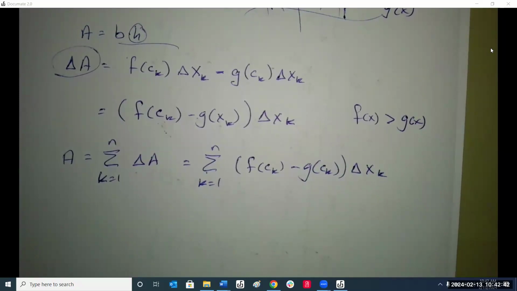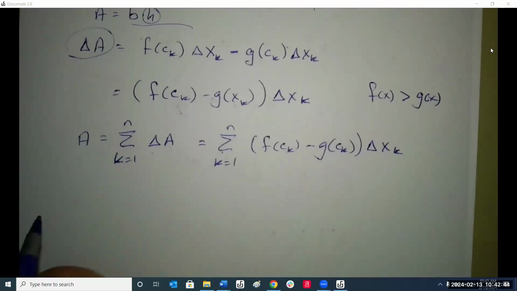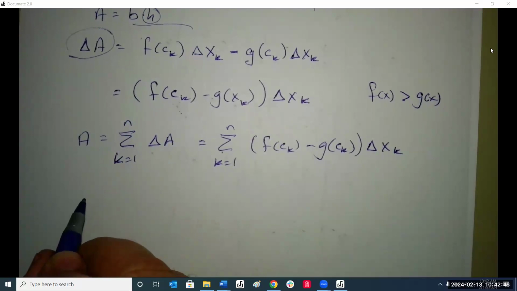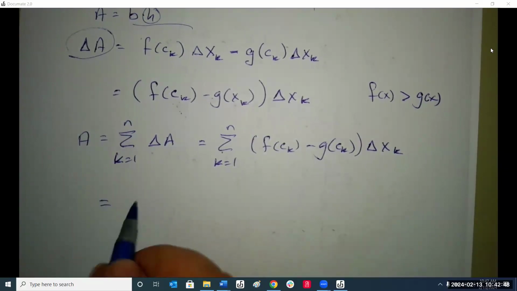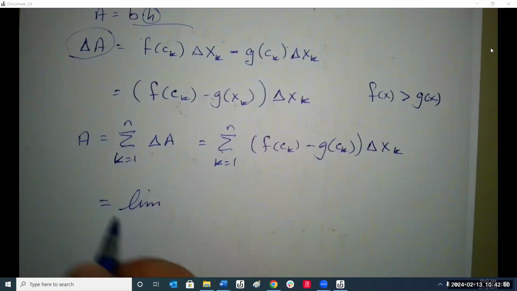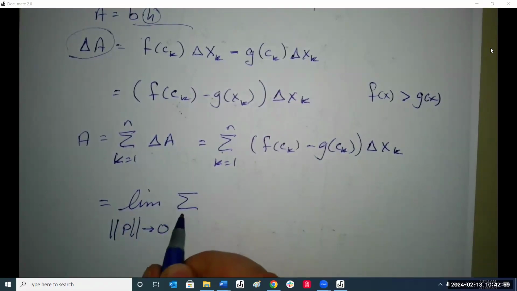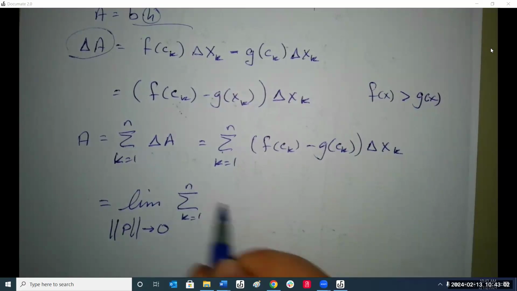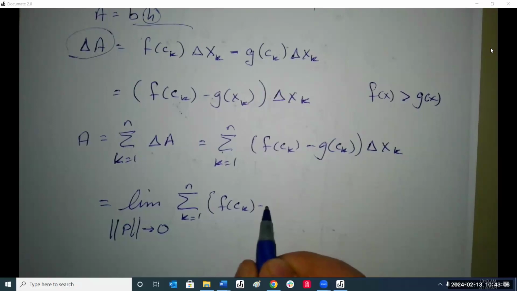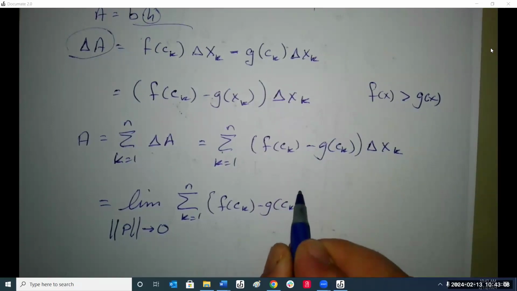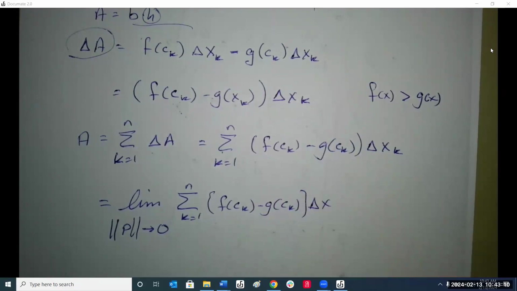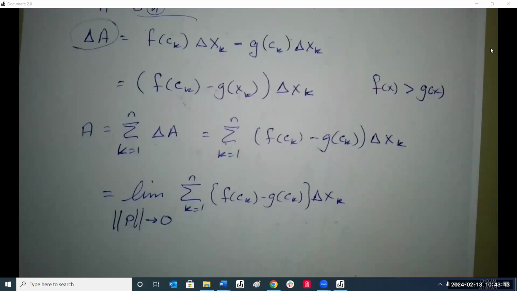Yeah, and we could look at partitions also. So what we're looking at here is the true area, which is the limit as the largest partition goes to 0 of the sum of f of c k minus g of c k times delta x k.